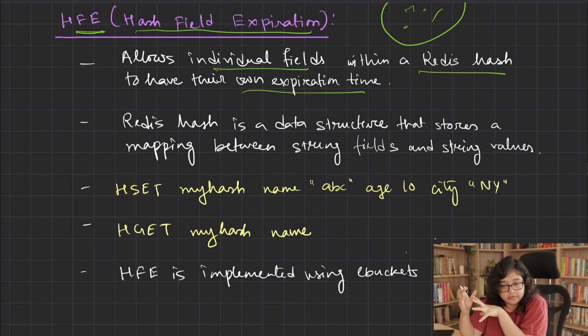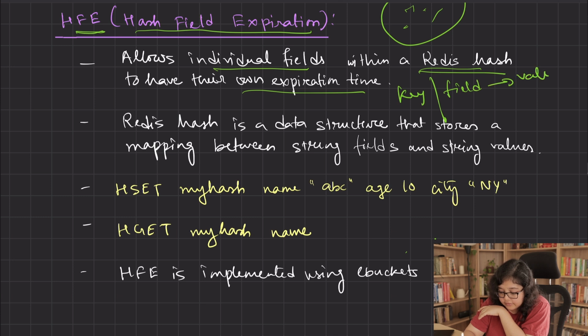For people who are not aware of it, Redis hash is a Redis data structure inside which you can have key value pairs in the value of the key. That means that you will have a key and inside the value we will have a mapping between field and value.